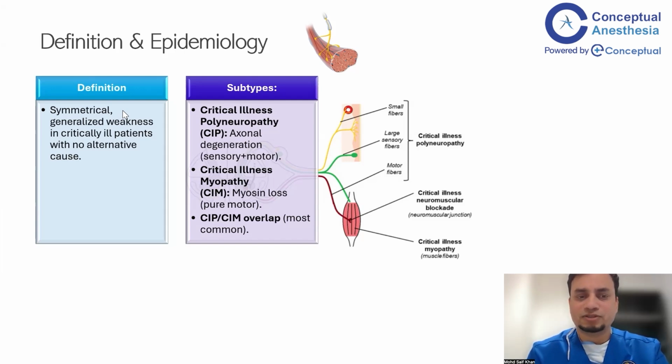So there are multiple factors which can cause critical illness polyneuropathy and myopathy. Commonly what we see is an overlap of CIP and CIM. So you should know the subtypes: two main subtypes and one combination.